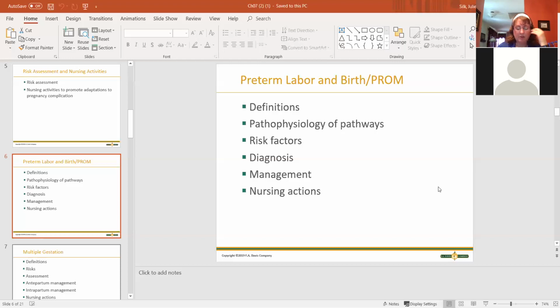A couple other things to talk about with preterm labor. With these tocolytic drugs, you need to report to the provider if this person's blood pressure goes higher than 140/90, or if it's less than 90/50. You also need to report if their heart rate is greater than 120, and also if their temperature is greater than 100.4.